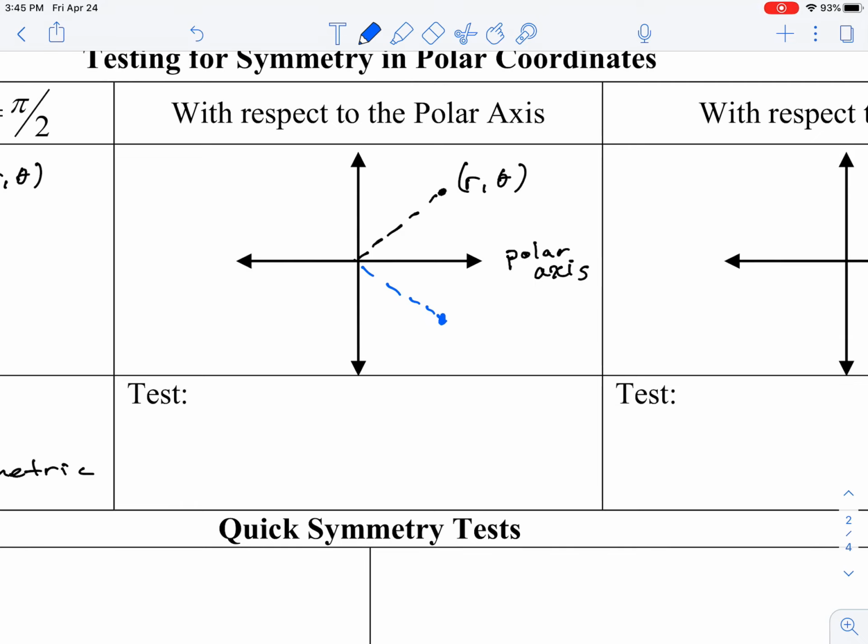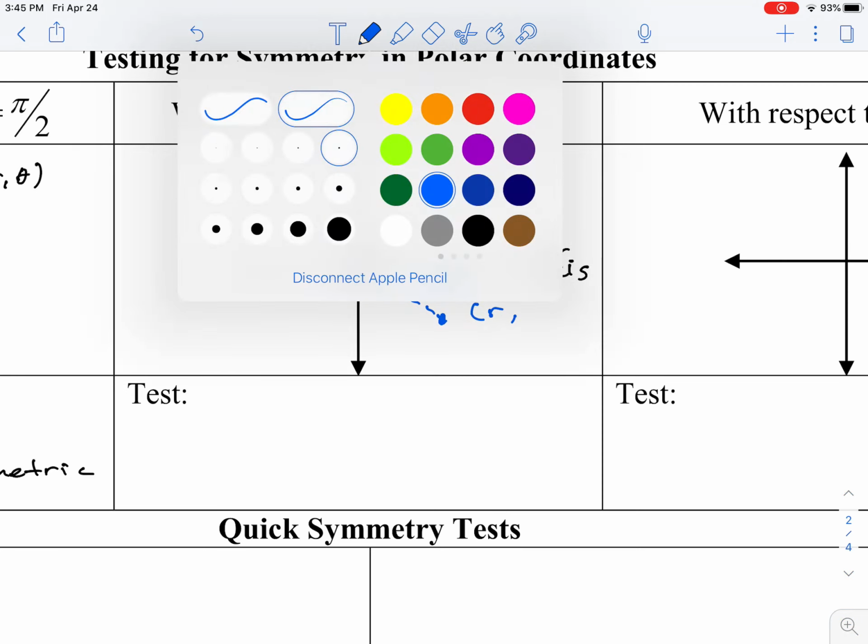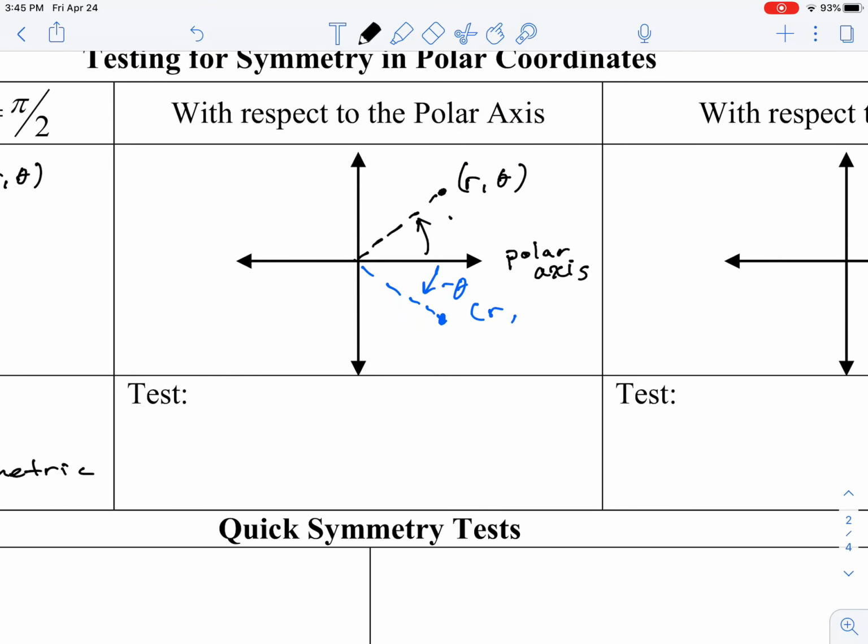So how could I describe this point? Well, one way is to use the same value of r, the same directed distance, but with the angle negative theta, assuming our first angle was positive theta. So if we had some angle of theta, we simply find negative theta, and we would have it reflected over the polar axis. So that's one way.